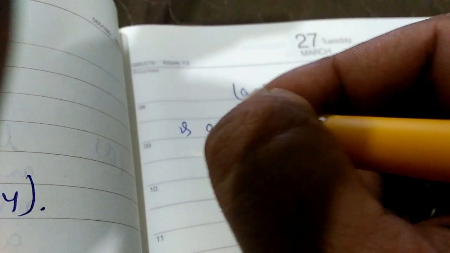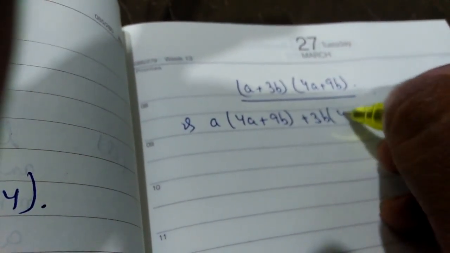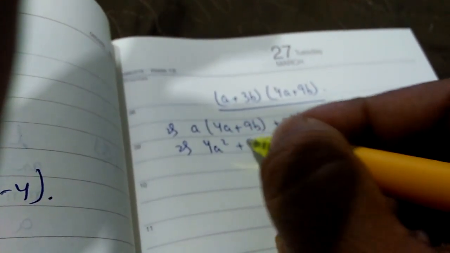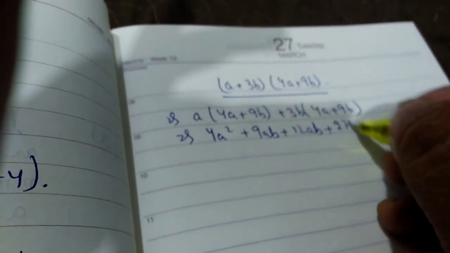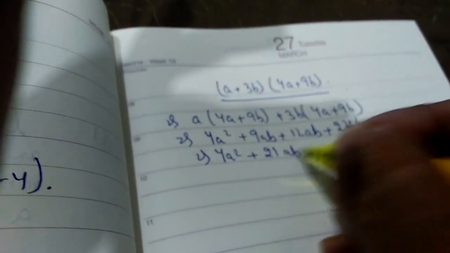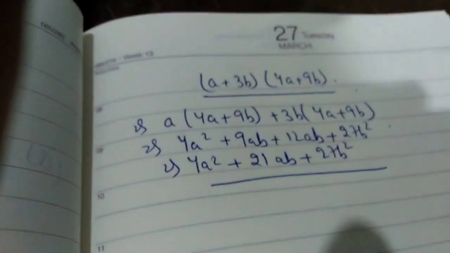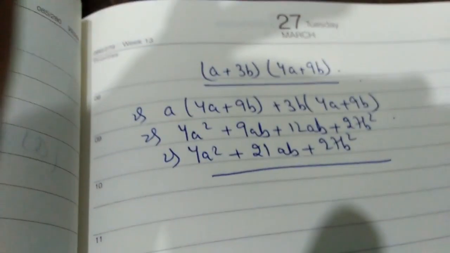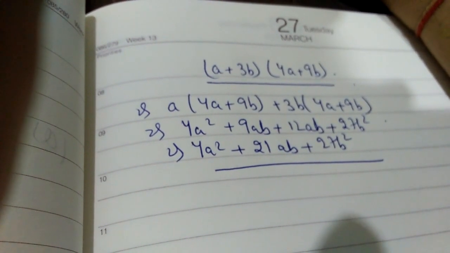So A into 4A plus 9B plus 3B into 4A plus 9B: 4A square plus 9AB plus 12AB plus 27B square. This is 4A square plus 21AB plus 27B square. So this is going to be the answer. There is nothing difficult in this. You will be asked simple questions on the basis of this and you can do it.